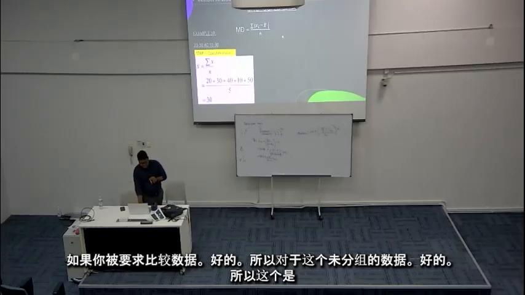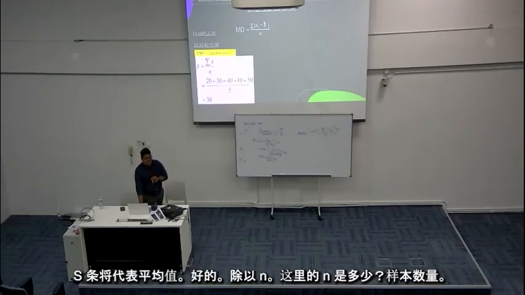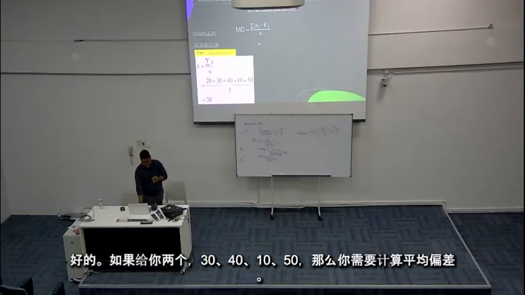For ungrouped data, the mean deviation is the summation of the absolute value of Xi minus X bar, divided by n. You see in the formula we have X bar, which represents the mean. What is n here? The number of samples.